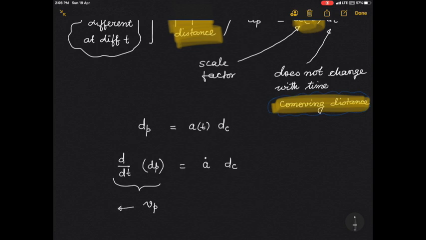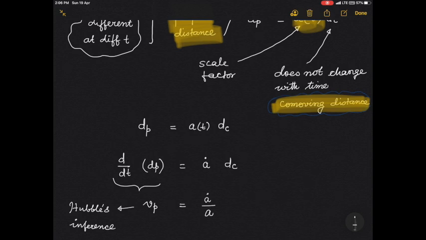So in some way I change my redshift to velocity. This is the velocity that Hubble inferred.